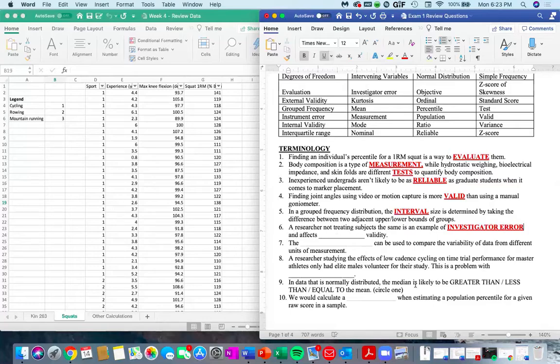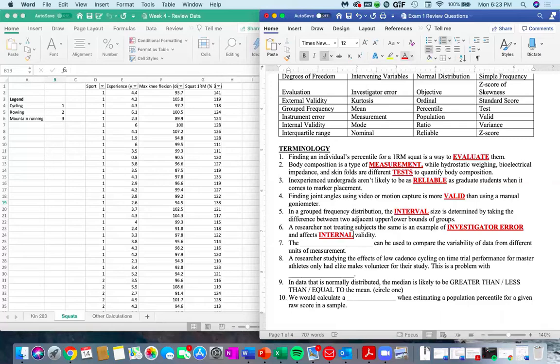Right, so someone not treating their subjects the same way, either maybe they're using different measurements or different tests to gain measurements, or they're falsifying data or something, right? That means we have some level of investigator error, and this is going to contribute to internal validity, right?